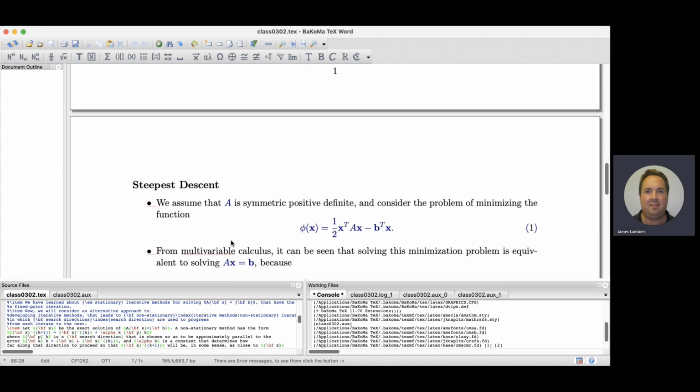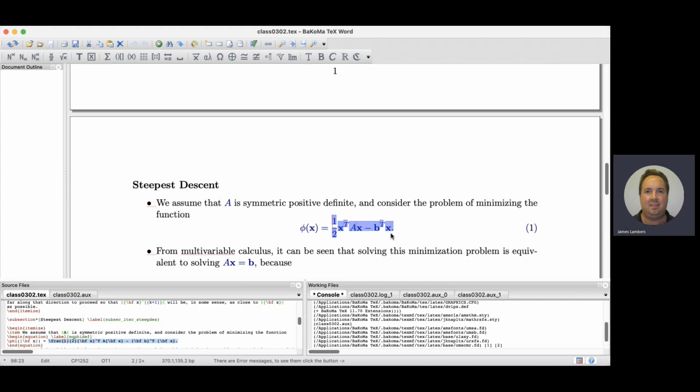We're going to assume for the time being that A is symmetric positive definite. And so we can describe the problem of solving Ax = b in terms of minimizing this function phi(x). We can use multivariable calculus. To find where a function of several variables has a minimum, you want the gradient to be equal to the zero vector, and you want the Hessian matrix, a matrix of second partial derivatives, to be positive definite for a minimum.